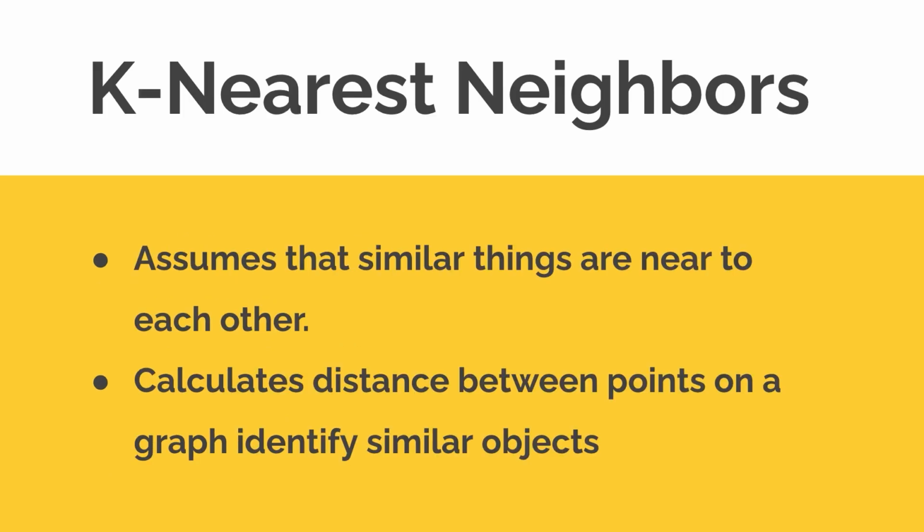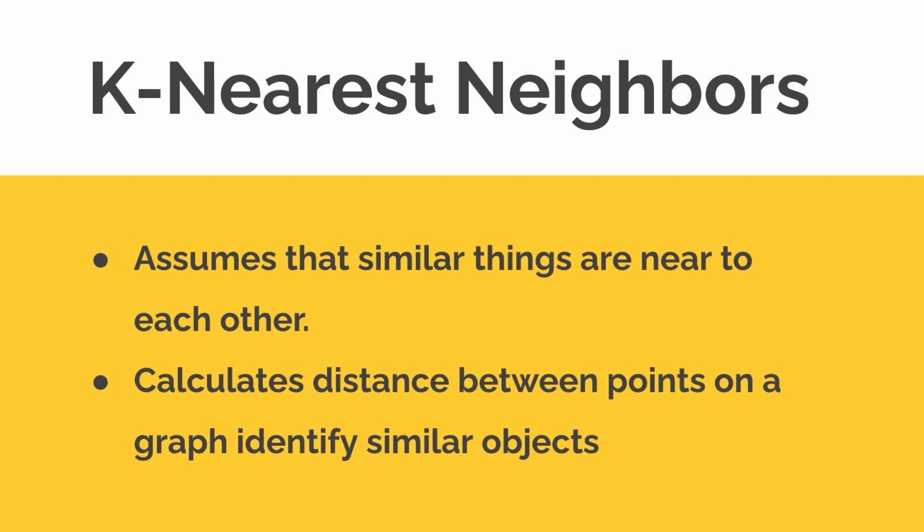One example that we saw is k-nearest neighbors. This is a machine learning model of the classification type, and the way it determines if two items should be in the same class is it will assume that similar things are close to each other on a graph when you plot the items on a graph based on their features.